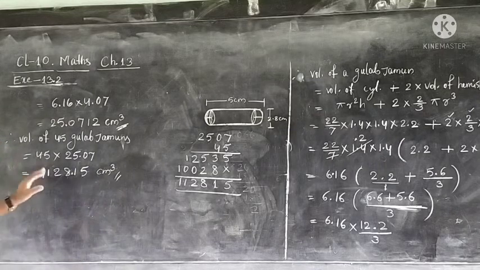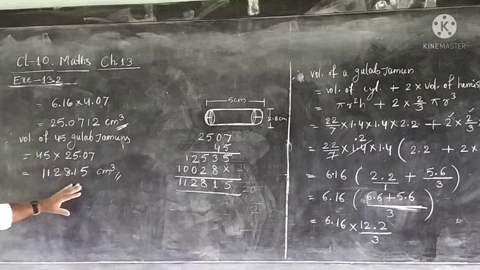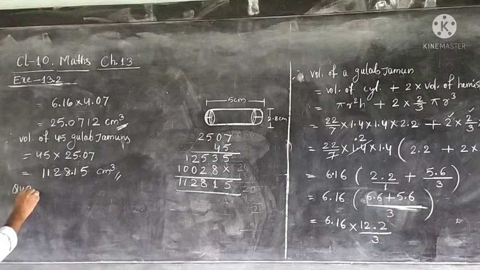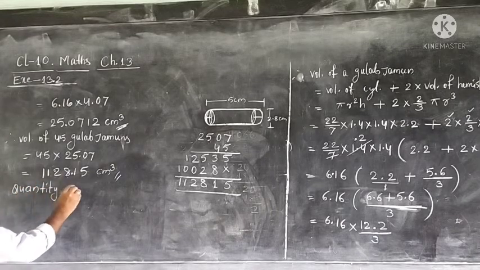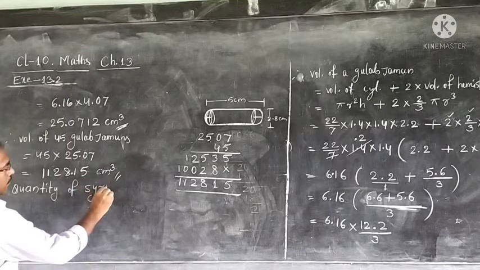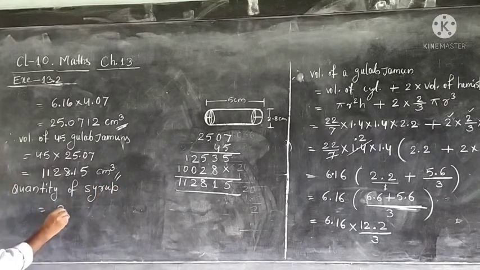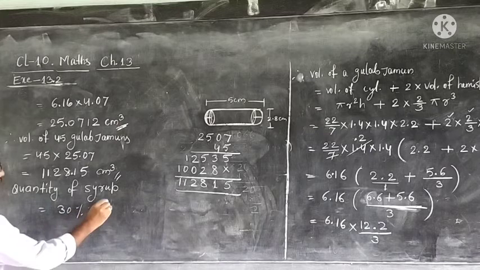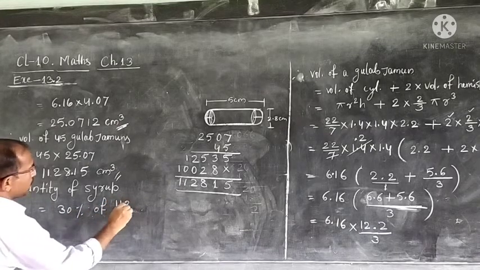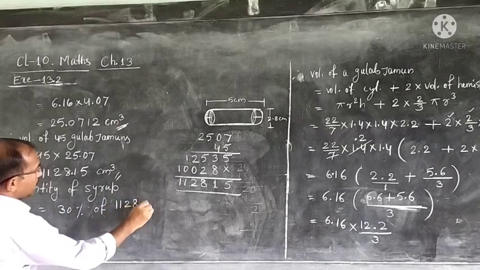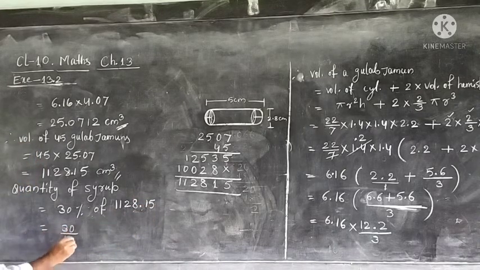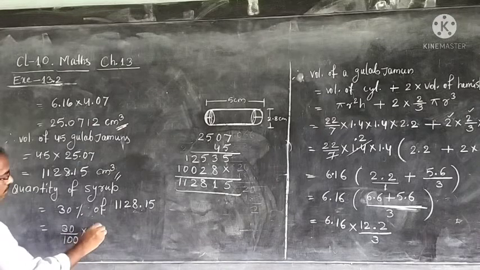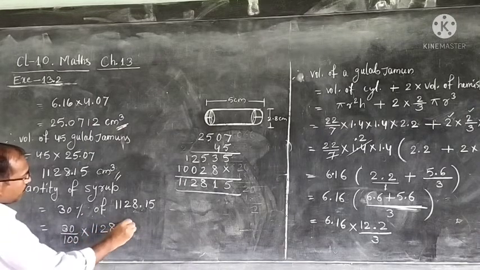So, this is the volume of 45 gulab jamun, and then quantity of syrup will be 30% of the volume. Therefore, quantity of syrup is equal to 30% of the volume. Volume is 1128.15. So, 30%, that is 30 by 100 into 1128.15.